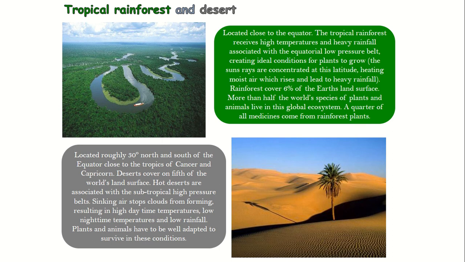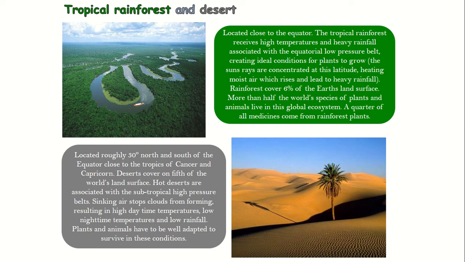So, what I'm going to do is walk you through a couple of the different biomes. The first one we talked about was the tropical forest or the rainforest. They tend to be located very close to the equator, which is that middle line of latitude. The rainforest receives very high temperatures and is also very wet. Linking back to our weather topic, it's very wet because along the equator there is a huge low pressure belt.